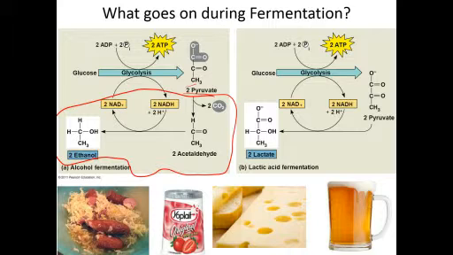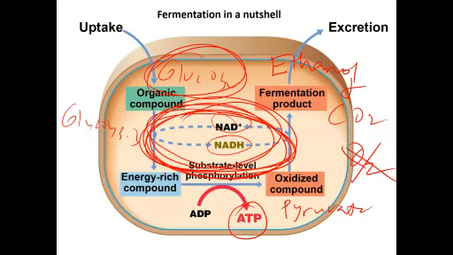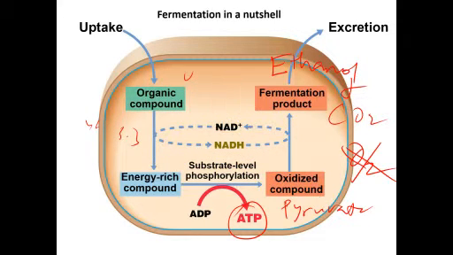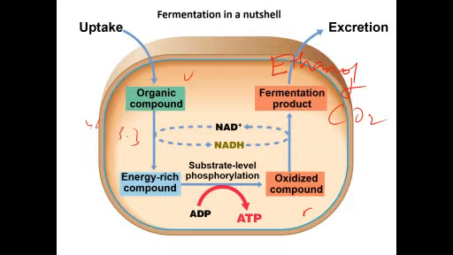In the process of converting acetaldehyde to ethanol, you also oxidize NADH back into NAD+. Acetaldehyde is reduced to ethanol. This is where you get your alcohol and you get your CO2 from fermentation. Taking a step back here, let me correct myself on this image just a little bit.